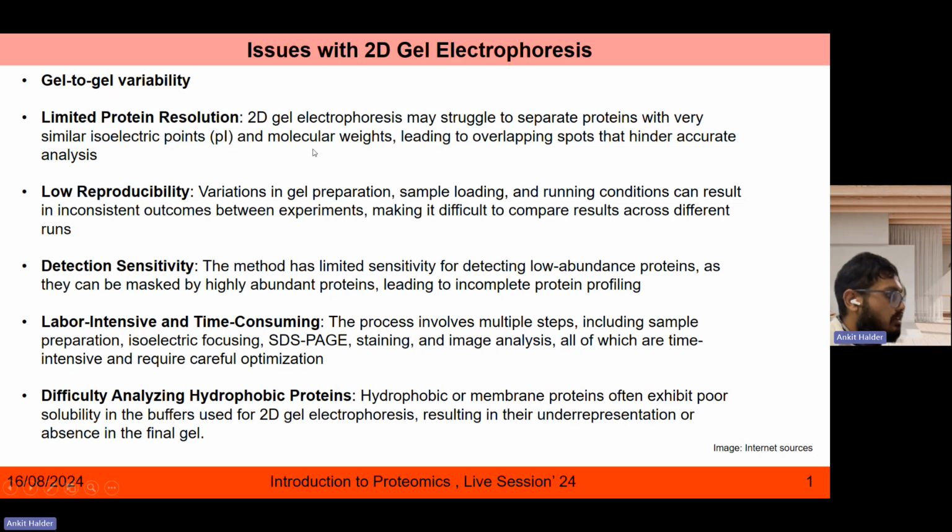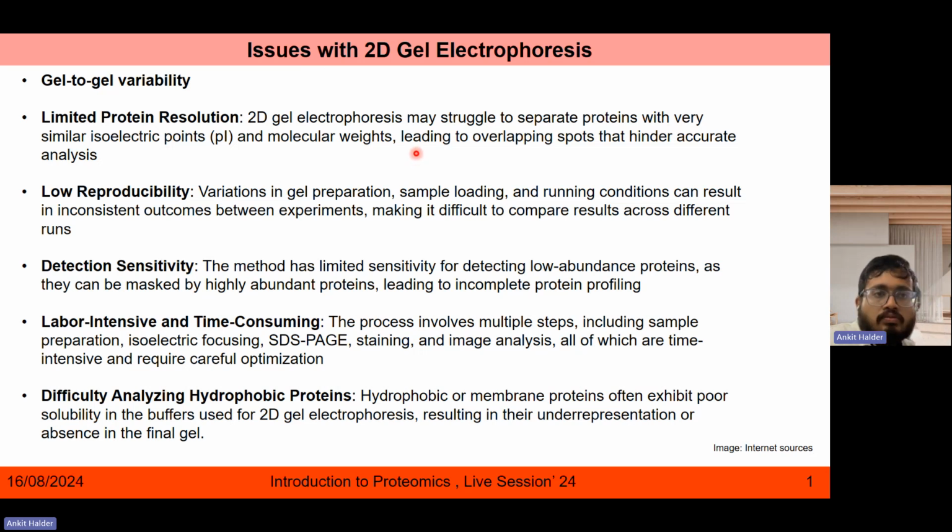The next major thing is limited protein resolution. 2D gel electrophoresis may struggle to separate proteins with very similar isoelectric points and molecular weights, leading to overlapping spots that hinder accurate analysis. This is problematic because of what you have seen in the gel, and I have also shown some gels with issues, like too much salt or protein that doesn't get solubilized.